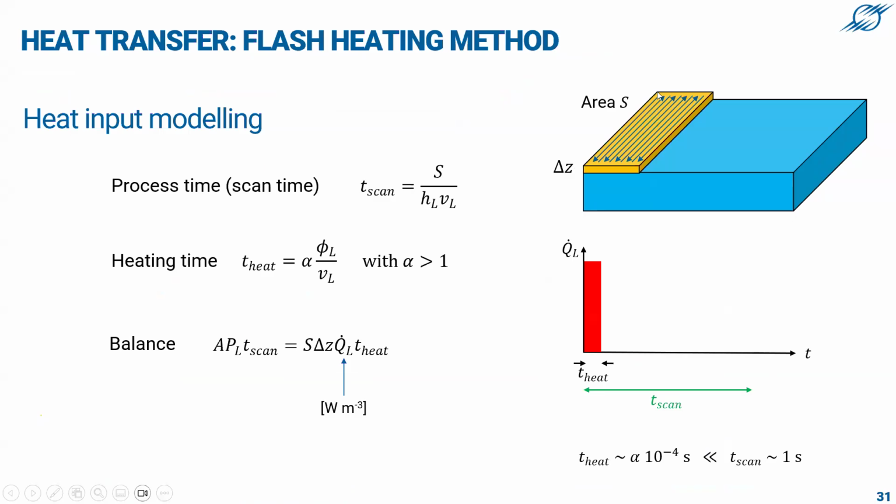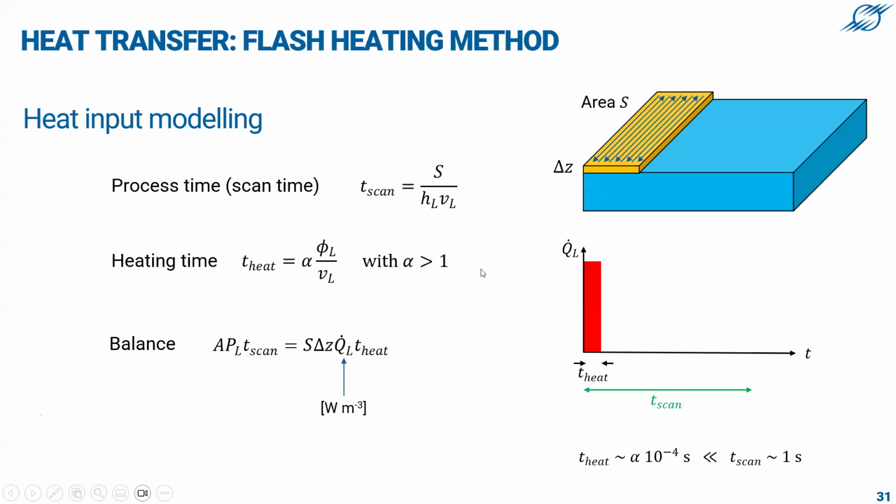If you consider a layer fraction of a certain surface S, then you know the scan time that will be needed to scan this surface. If h is the hatch distance and v is the laser scanning velocity, then S is equal to h v times t-scan.